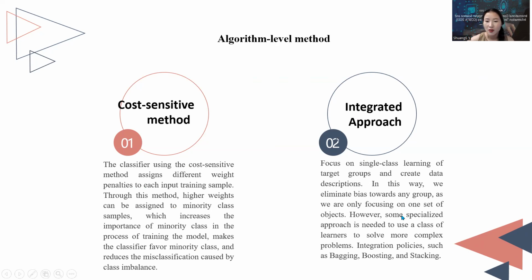Integrated approaches focus on single class learning of the target group and create data descriptions. In that way, we eliminate bias towards any group, as we are only focusing on one set of objects.